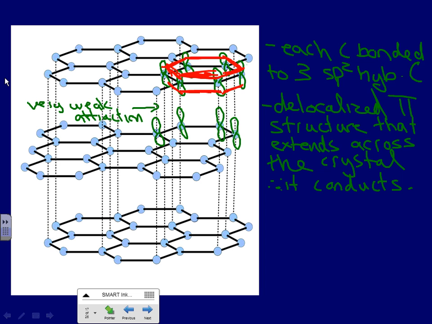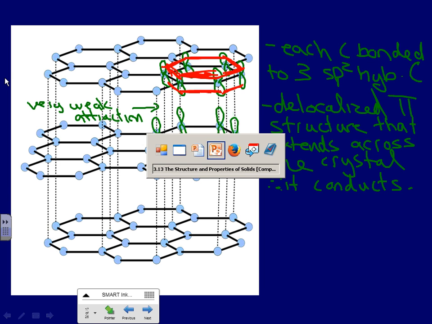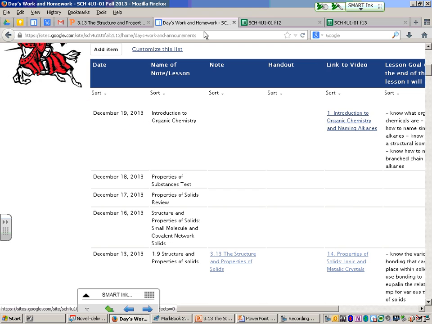Okay, just to go off on a side, I wanted to add some pictures to your little handout, but actually I will show them to you online. Since we do have a little bit of time, I'm going to just show you something here.